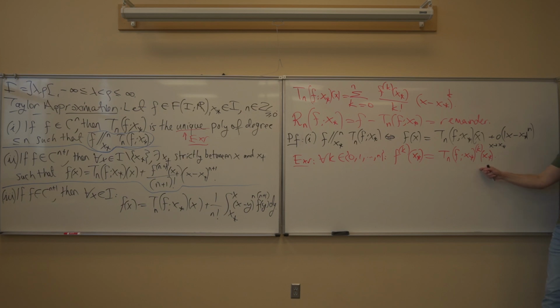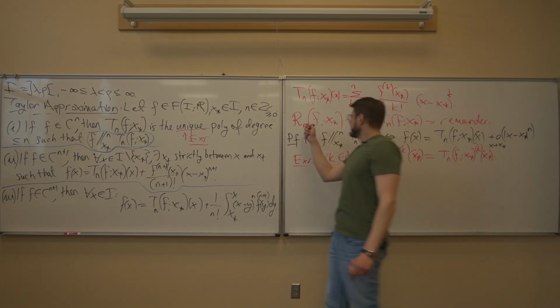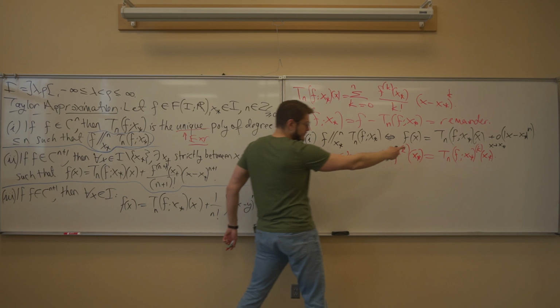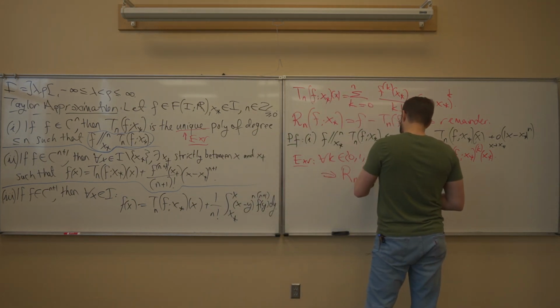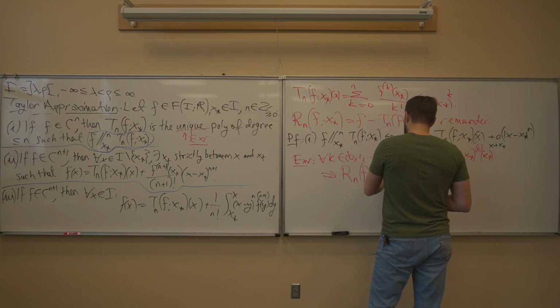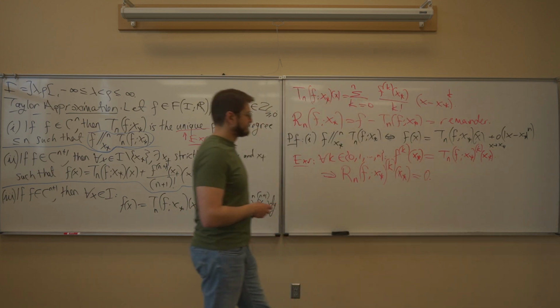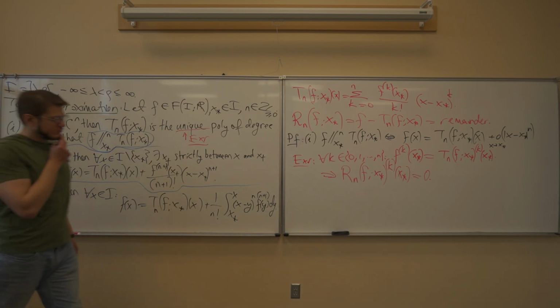Now, if this is the case, then it is also true that for any k, the kth derivative of the nth remainder is 0, because this remainder is the difference between these two functions after all. So what I can do is the following.